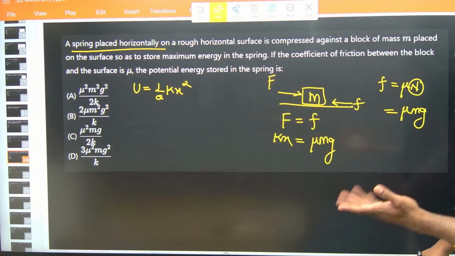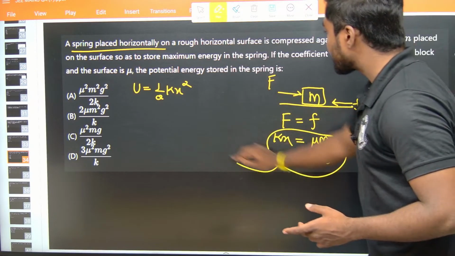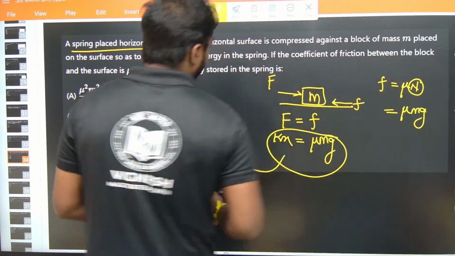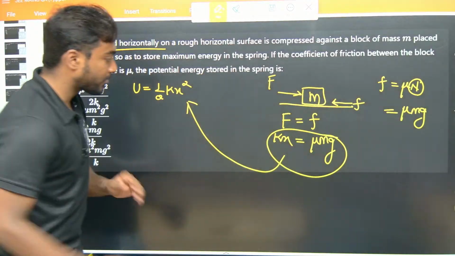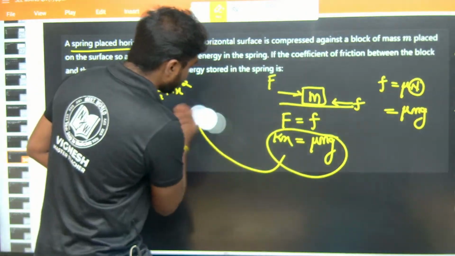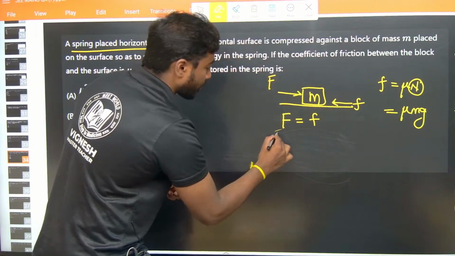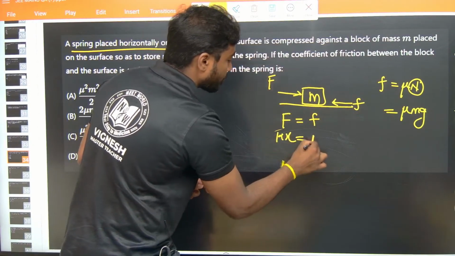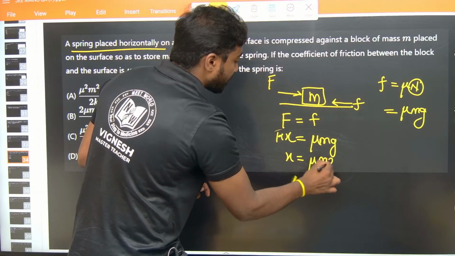So kx equals mu mg, and x will be equal to mu mg by k.